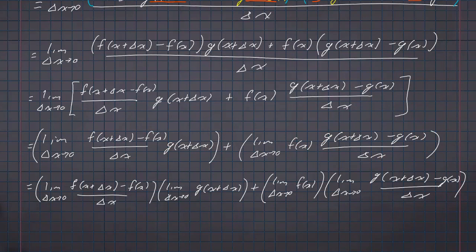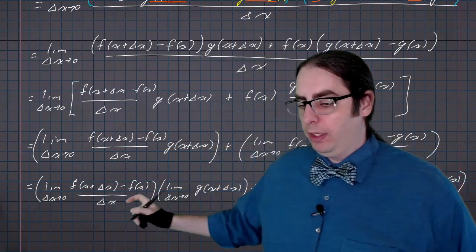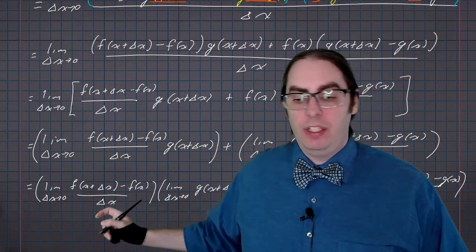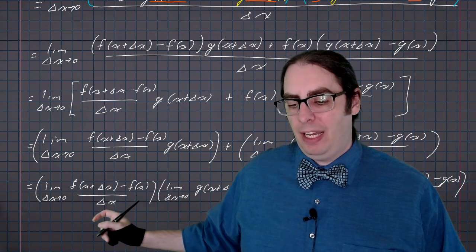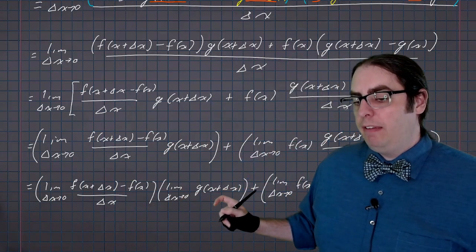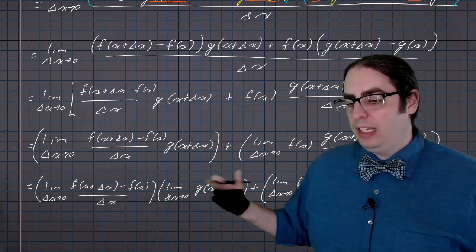And now that I've done that, here it all just falls together. My first term here, this is the definition of the derivative of f. My second term here, I can just plug in delta x goes to 0, and I get g of x.